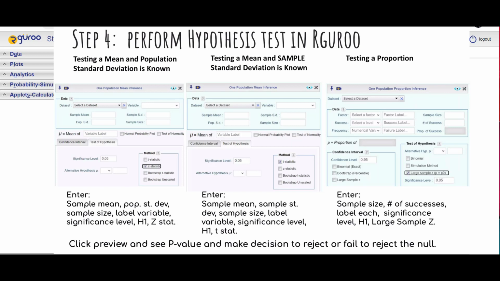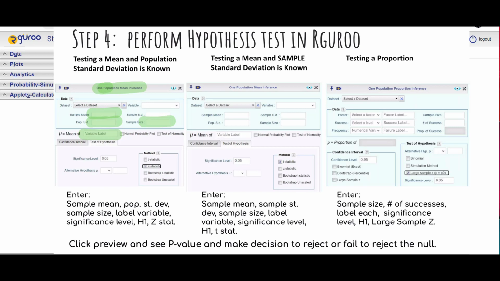All right, you choose a mean inference right there. And you enter the sample mean, the population standard deviation, and the sample size. You include a variable label of the mean that you're testing. So like if you're testing the mean weight of babies who are just born, then you would type in that context, the mean weight of babies that are just born.